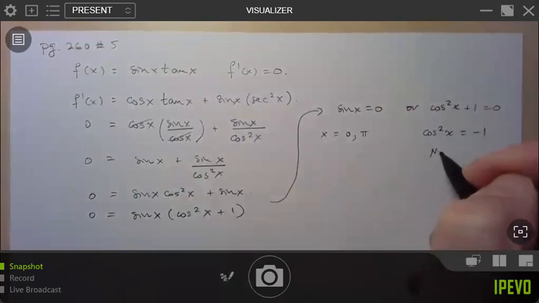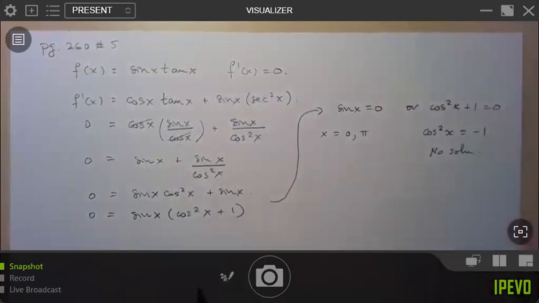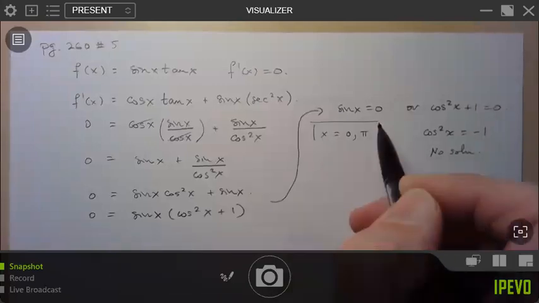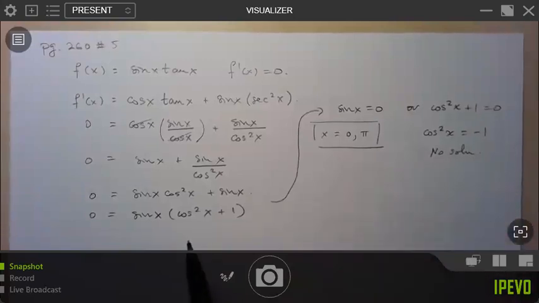So there's no solution from that portion of the equation. And here I go back and check, are they looking for points or just x values? They're just looking for x values. So there's my answer done.